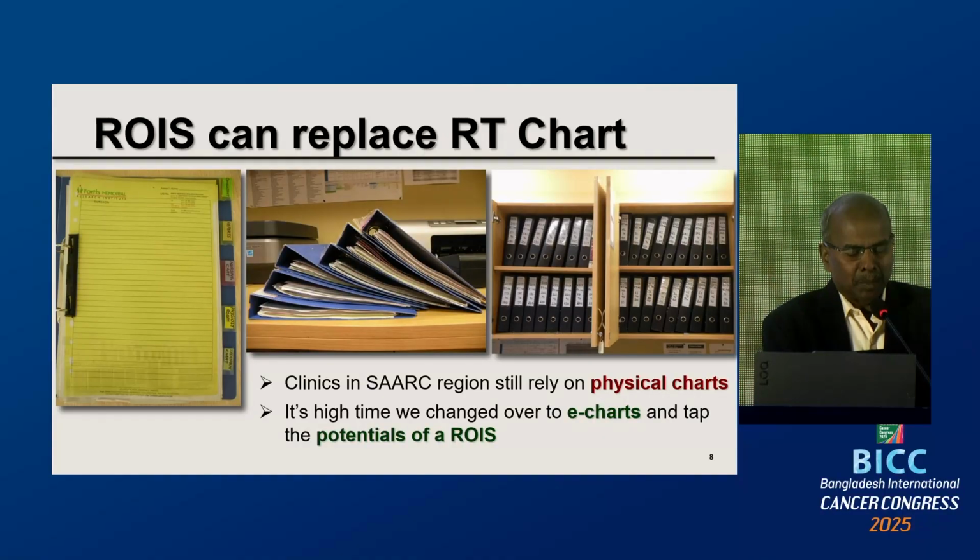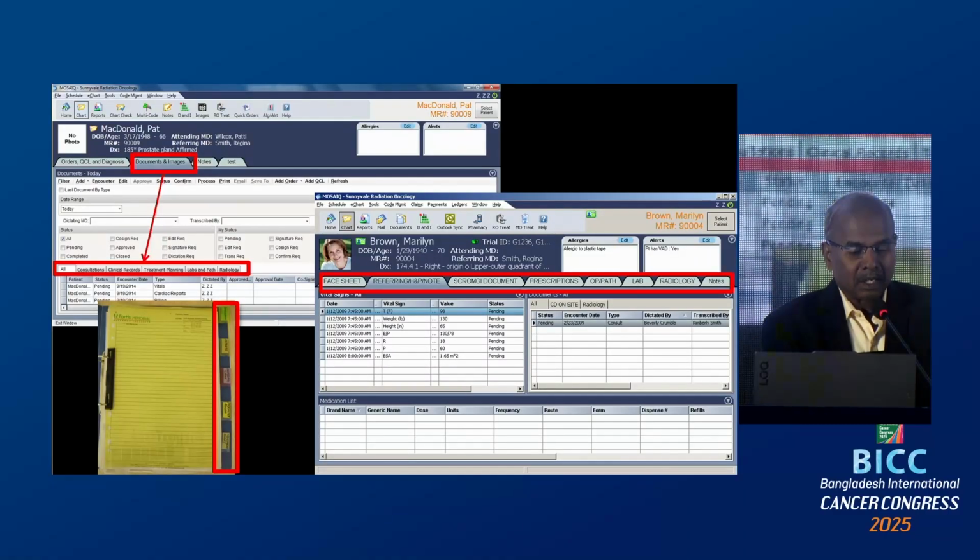We just keep on building the paperwork. So it's high time we changed over to electronic charts and tapped the potentials of a radiation oncology information system. So if you look into the radiation oncology information systems, just like the paper chart has got different folders, you can have here also different folders.